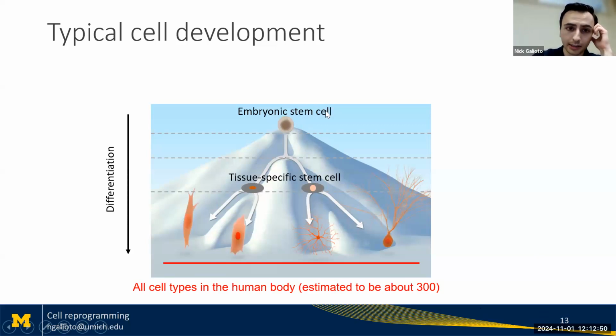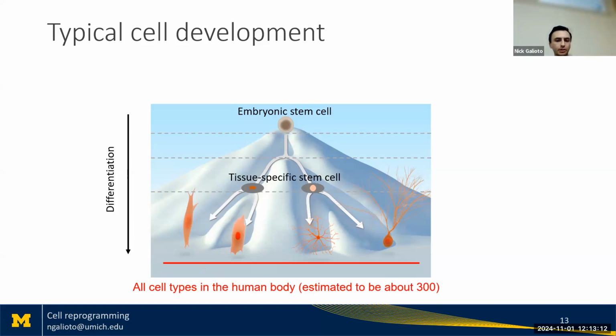And then as the organism develops, these stem cells can differentiate into different types of cells, all performing different functions. So from an embryonic stem cell, you will get every other cell type in the human body, which is about 300.